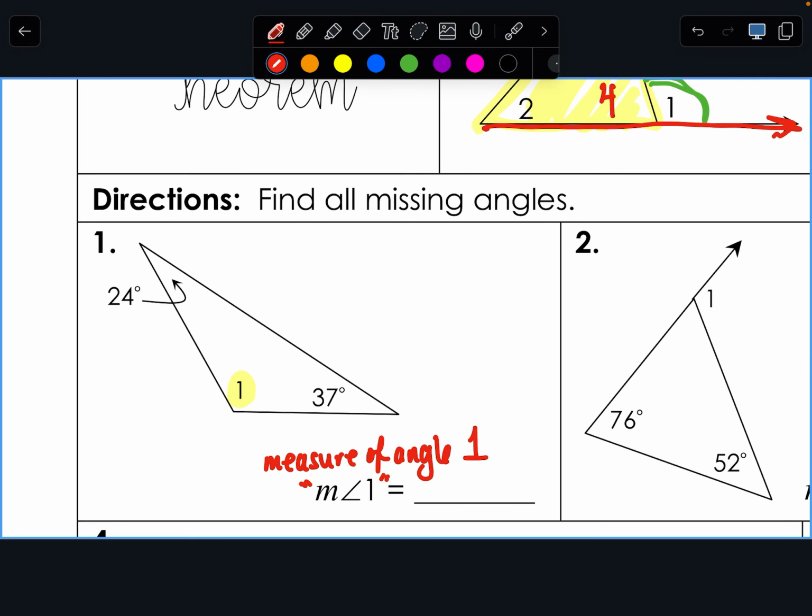So I'm going to write this out all the way. You don't have to do this on a test, but I'd want to see at least where you got the number. So this is 24 plus angle 1 plus 37 equals 180. So then you would subtract, and get 119.